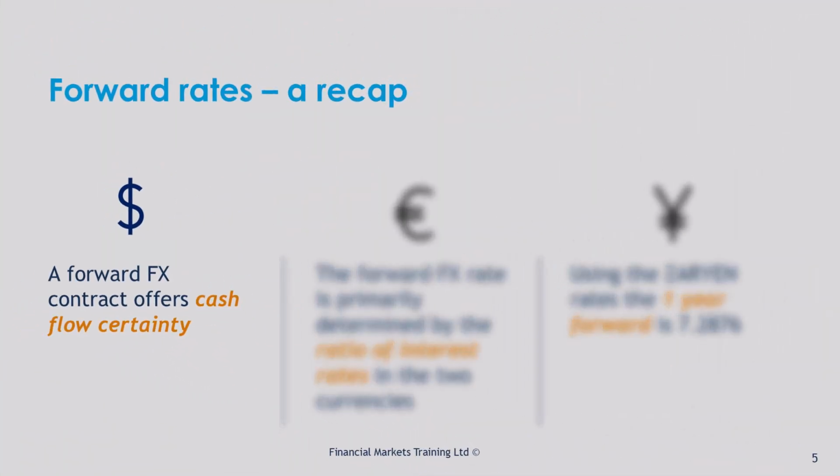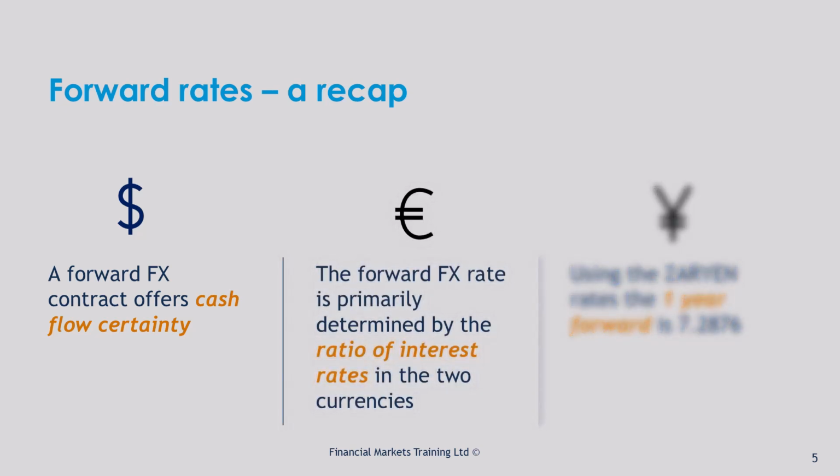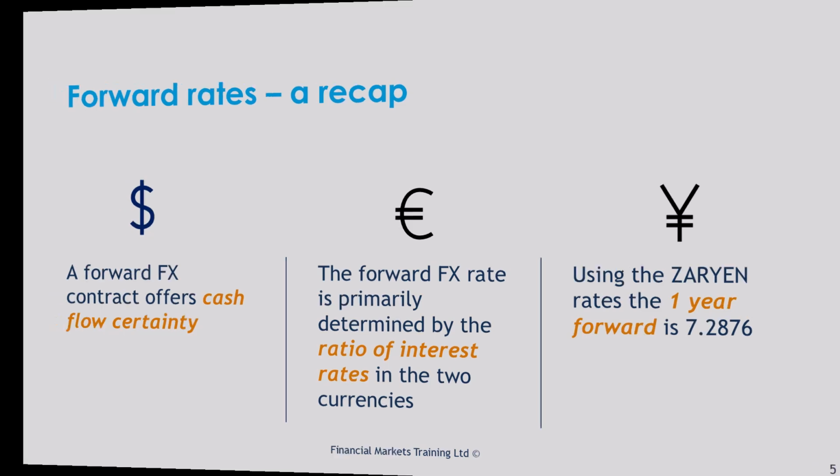To understand the issues more deeply, let us revisit the content discussed in the forward market module. In that module, we calculated the forward rate as the ratio of the interest rates in the respective currencies. Using standard forward rate calculations, the 1-year ZAR yen rate is 7.2876.